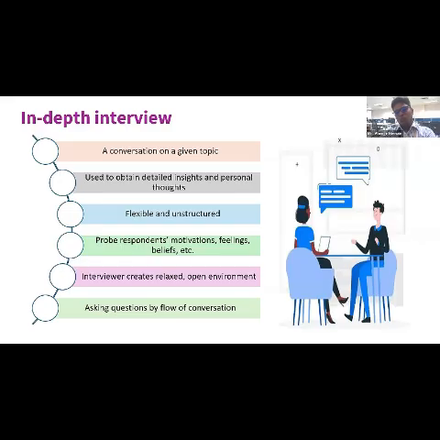That would be a very good interview if we do that clearly as a researcher, as a qualitative researcher and scientist or an interviewer.